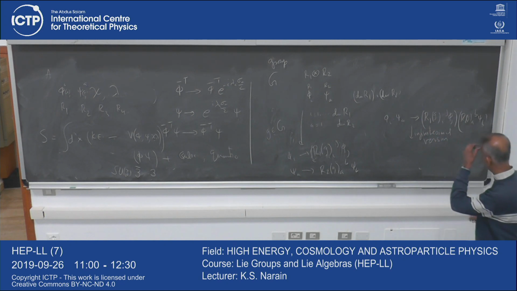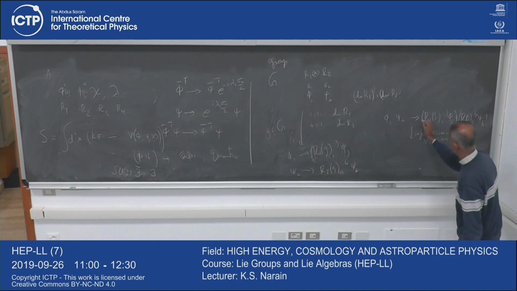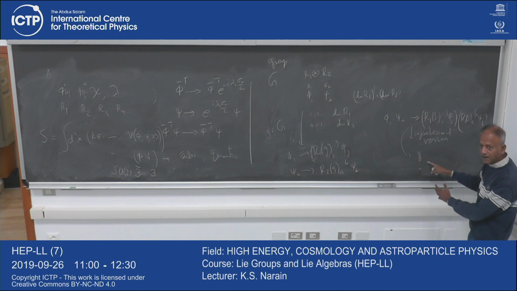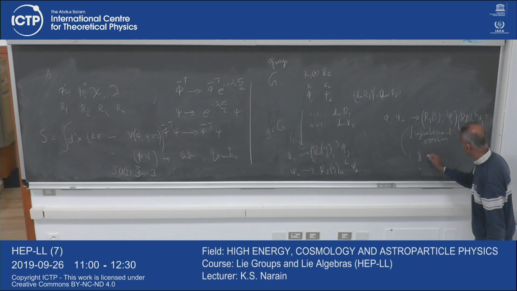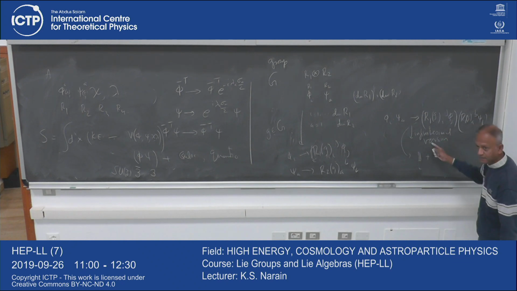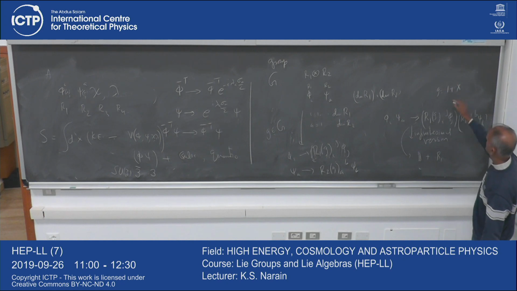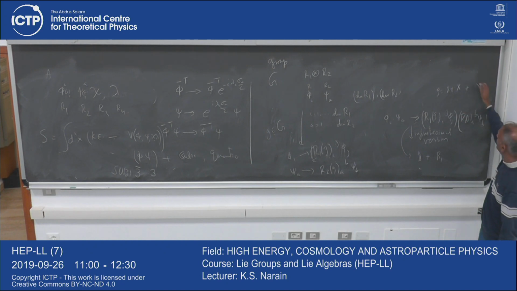The infinitesimal version of the statement: this one will become the identity matrix of dimension dim R1, plus a small thing, the Lie algebra element. This is what we call the Lie algebra representation of the Lie algebra element. Think of G as identity plus X, where X is infinitesimal, so we ignore all the quadratic terms.